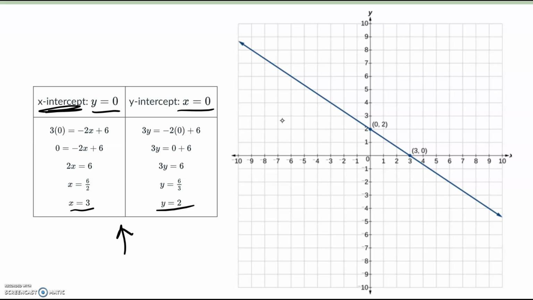The y-intercept crosses the y-axis, and there's our point, (0, 2). This one's crossing the y-axis, so that's the y-intercept. This one is crossing the x-axis, so it is the x-intercept.